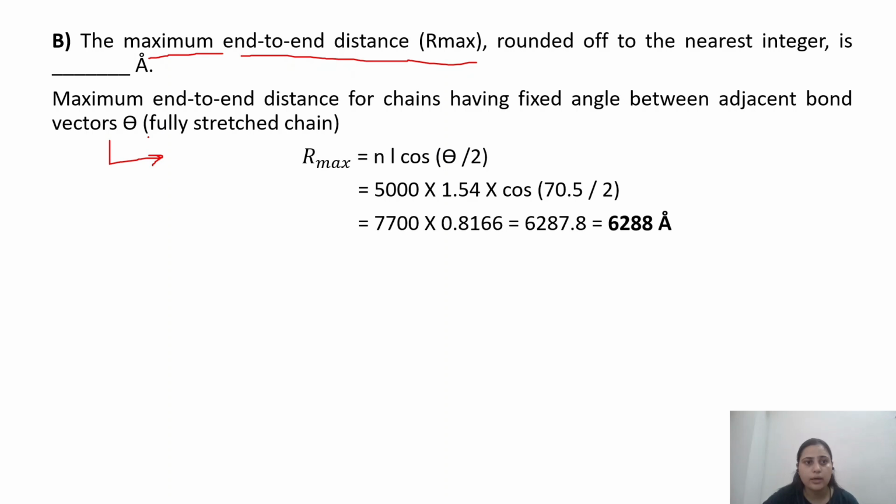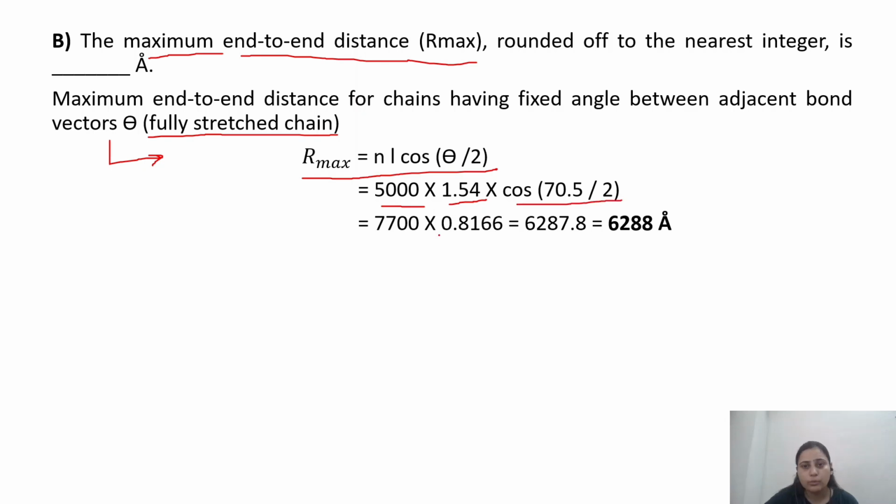R will be maximum when the chain is fully stretched. So when the chain is fully stretched, we get R max, and the R max formula is already provided. We just need to put in the values: n equals 5000, L is 1.54, and cos of theta by 2, which is 70.5 divided by 2.